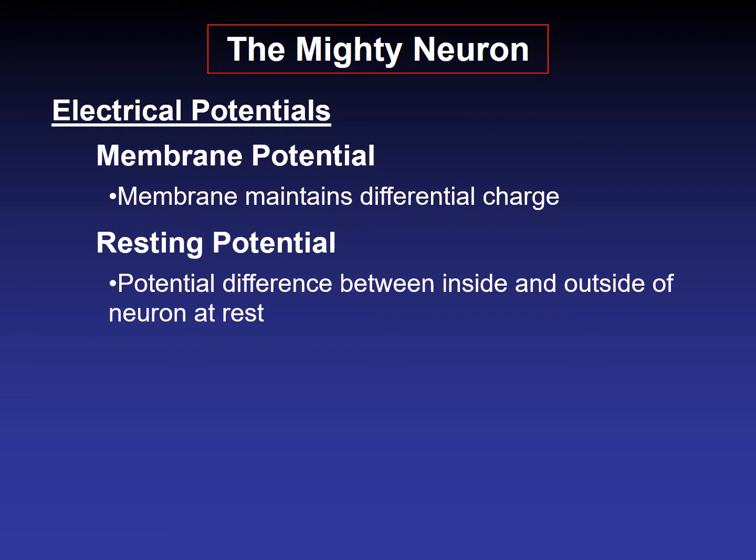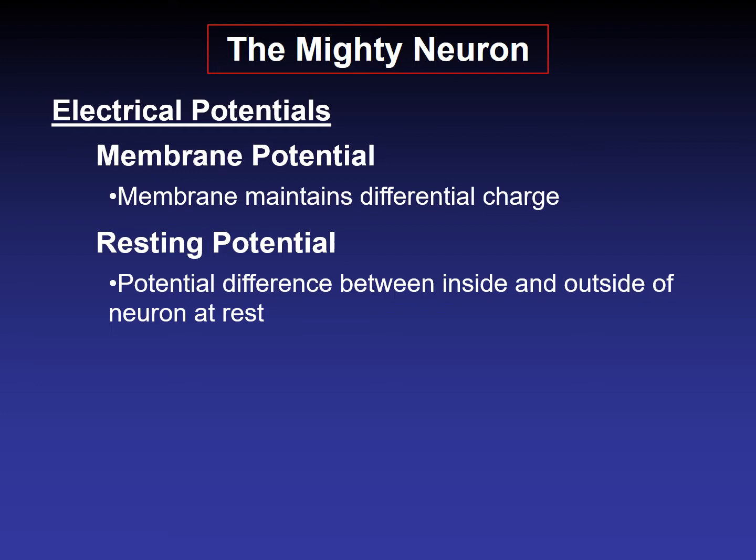We call it a resting potential. A resting potential is the potential difference between the inside and outside of a neuron that is at rest. So we just have the impermeable membrane. Yes, we have ion channels embedded in that impermeable membrane, but those ion channels are closed during rest, at least most of them. Therefore, the negative charge inside is maintained, and that's negative charge relative to the outside, which is relatively positively charged.